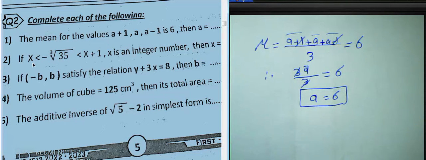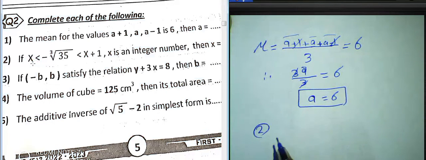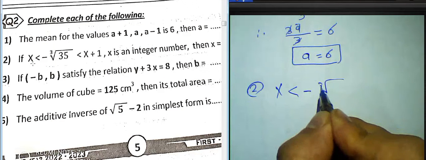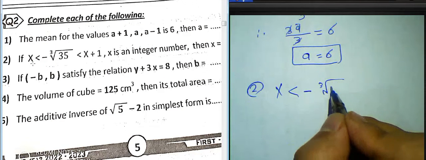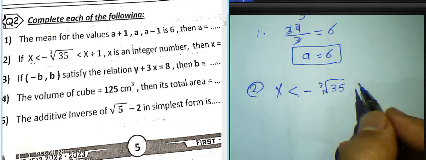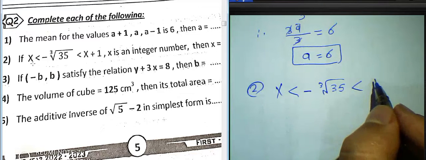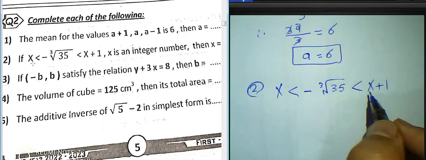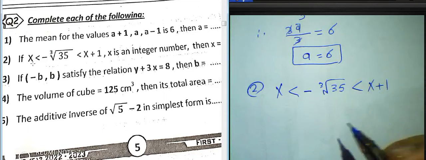Question number 2. If x is less than negative cubic root of 35, which is less than x plus 1, and x is an integer number, then x equals what?